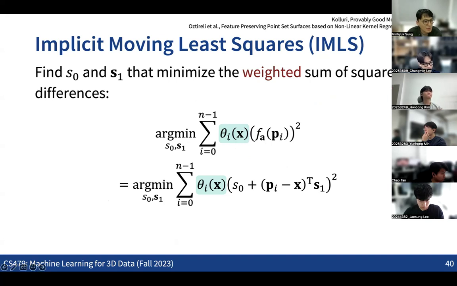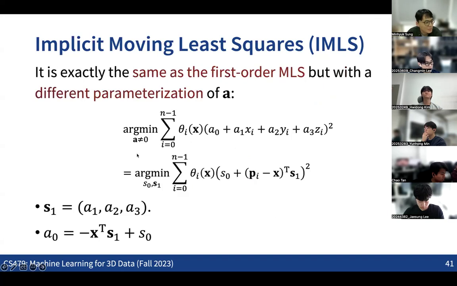So in the previous slide, what we have seen for the moving least squares is that it basically has this form, right? For the first order approximation. But while we have some kind of explanation for the same formulation, actually you can say that these two are exactly the same thing.